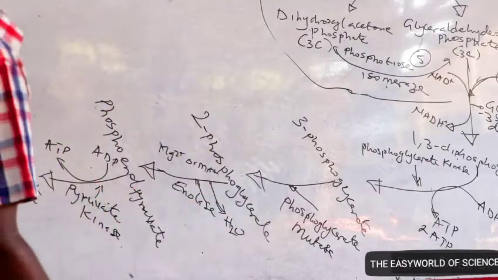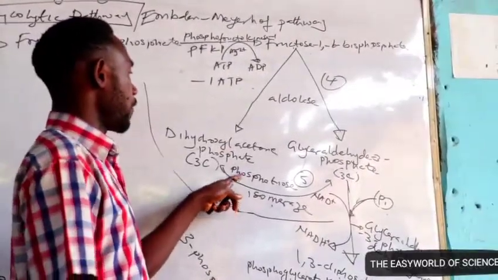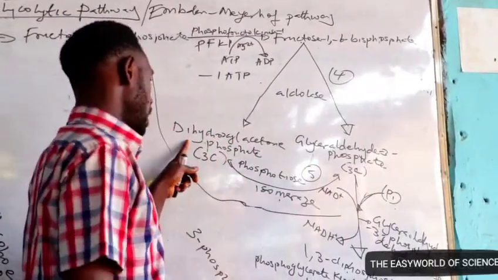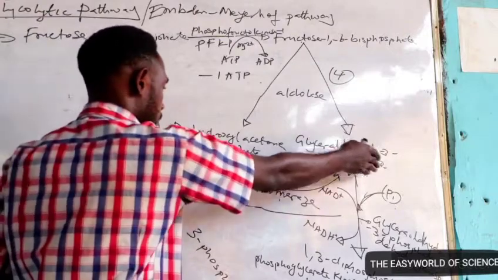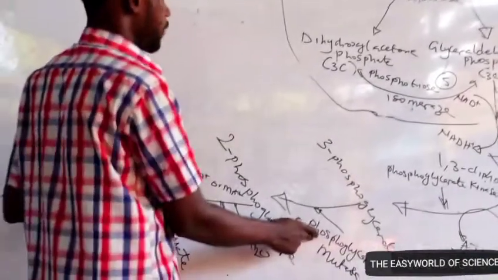Then changing glucose phosphate to fructose phosphate is the first isomerization. Then the second is the interconversion of glyceraldehyde triphosphate and dihydroxyacetone phosphate. This is the second phosphorylation, while here is the third phosphorylation.